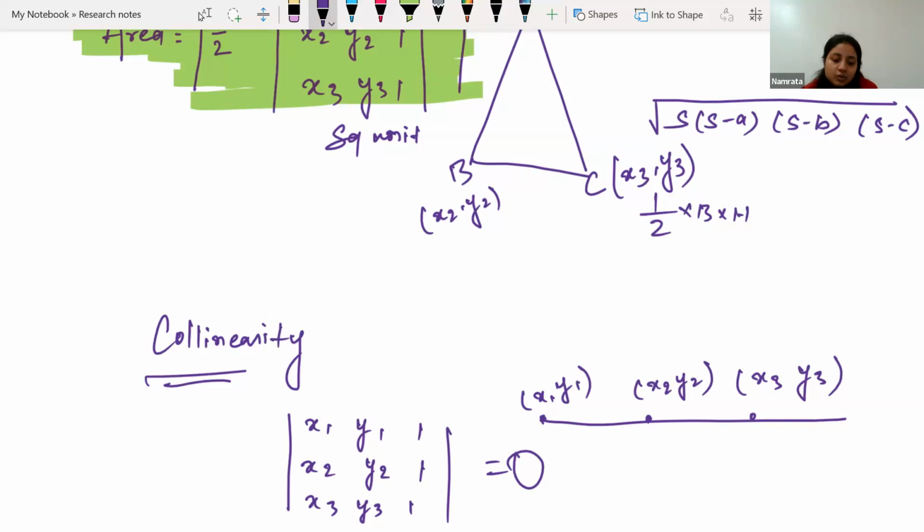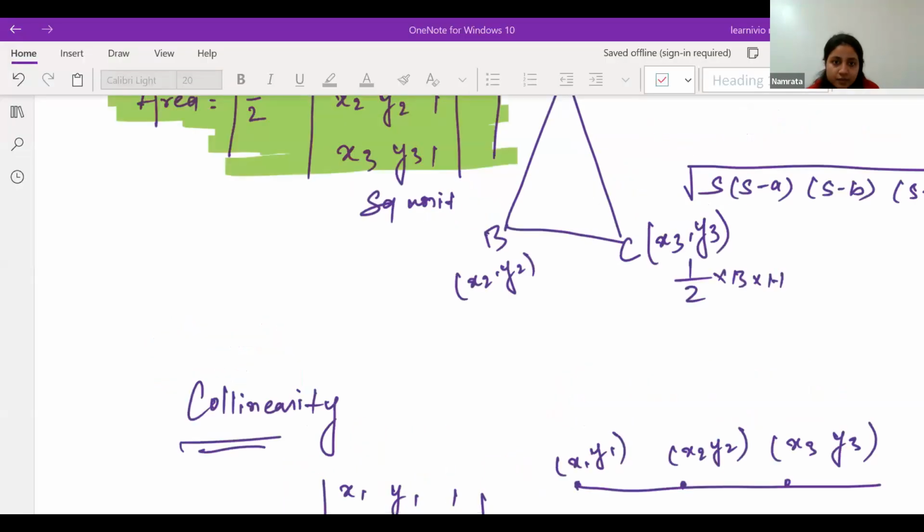Now the next concept. Is anyone asking anything? Let me check. Area is equal to 0. When we are talking about area, we are thinking about the occupied portion.